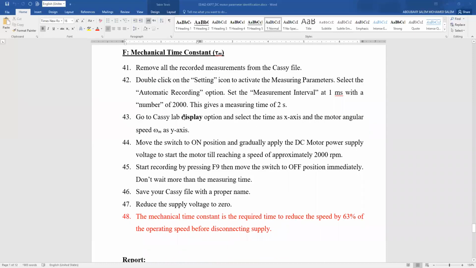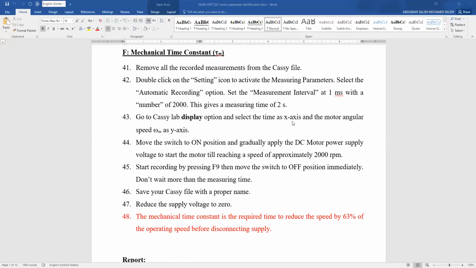From display also, we will define the time on the x-axis and speed on the y-axis. What is the need here? We need here to record the speed from the instant of disconnecting the supply at a certain motor speed up till reaching 0.